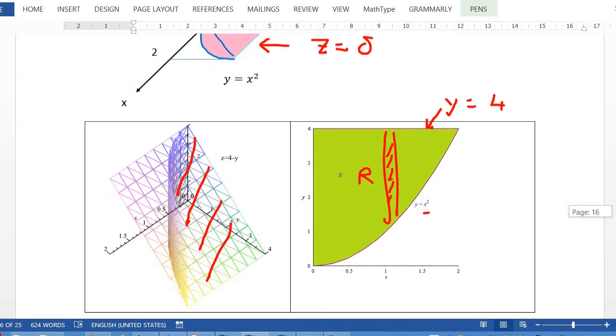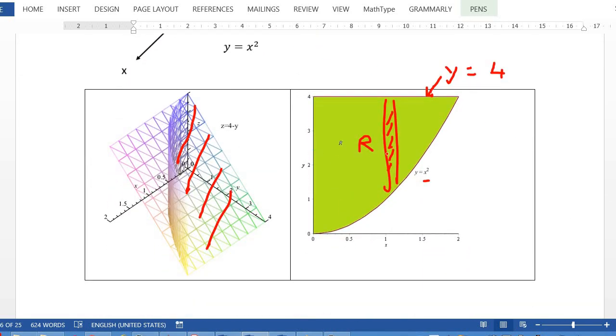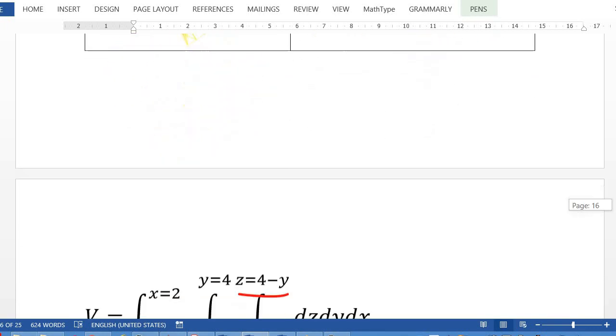If you use dx dy, then x from 0, here you have to make x become root y. Later on, maybe it's difficult because you meet the surd to integrate, a little bit difficult. That's why I would prefer you use dy dx. So y from the lower curve, which is y equal x squared, until y equal 4, x from 0 until x equal 2.